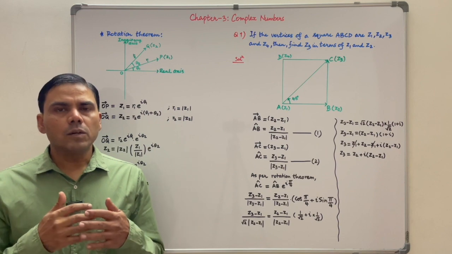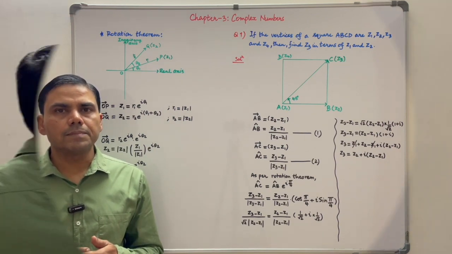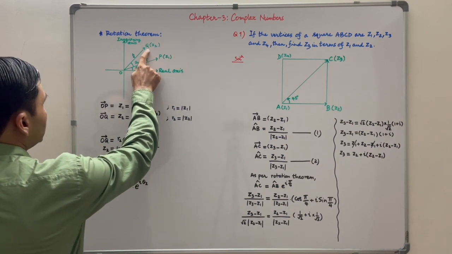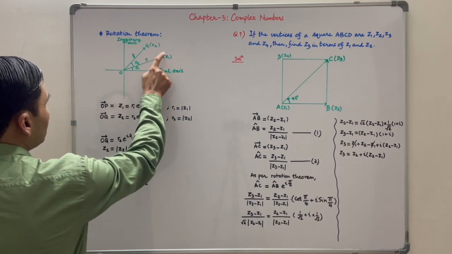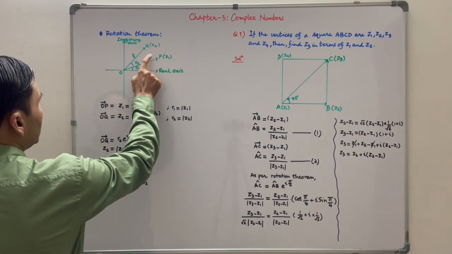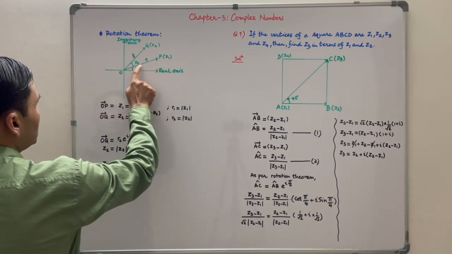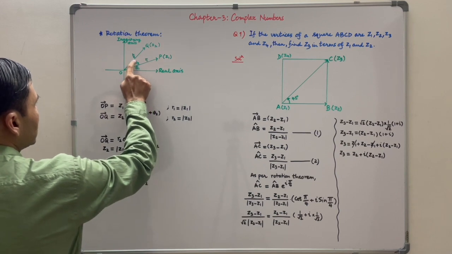Let us understand the rotation theorem and De Moivre's theorem. First, the rotation theorem. Suppose there are 2 points P and Q in the complex plane. They represent complex numbers Z1 and Z2. Mod of Z1 is equal to R1 and mod of Z2 is equal to R2. Argument of Z1 is equal to theta 1 and argument of Z2 is equal to theta 1 plus theta 2.